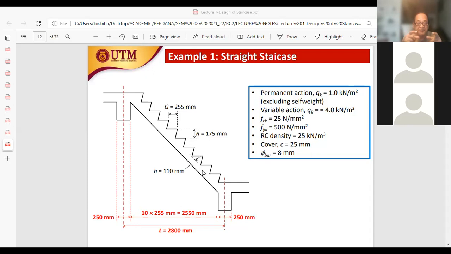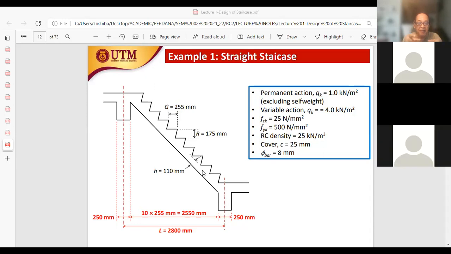So that table can be referred to as the minimum dimension for beams, slabs, columns for a given fire resistance punya duration. Sebab tu very important at the beginning of a design of a typical building, let's say a 3-story building.